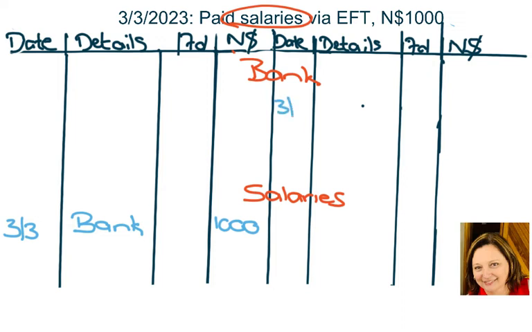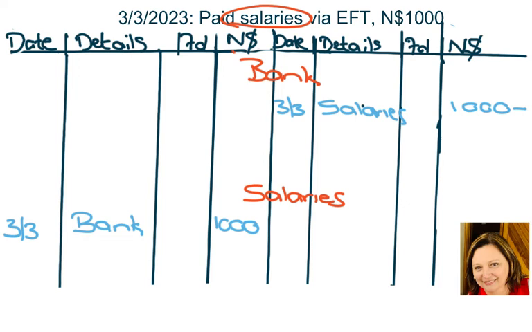So I have my date, I have my amount, and what is my details? My details refer to the other account involved, which is salaries. All right, now you can see that we are perfectly in balance because we have 1,000 on the debit side, we have 1,000 on the credit side.